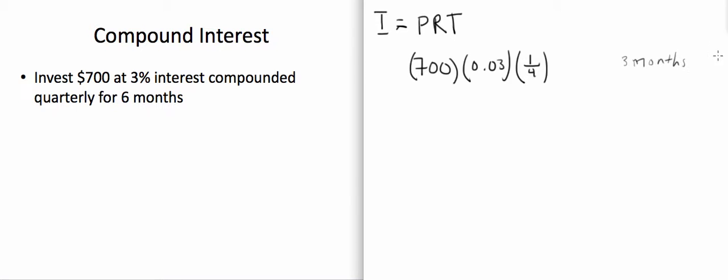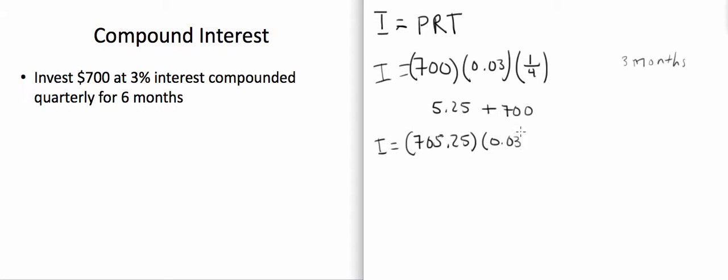But since it's compounded interest, what we do here is we get this I value, which we get as $5.25. And then we're going to add that 5.25 back into our 700. So now our new principal becomes 705.25. And then we redo the same thing over again for 0.03.